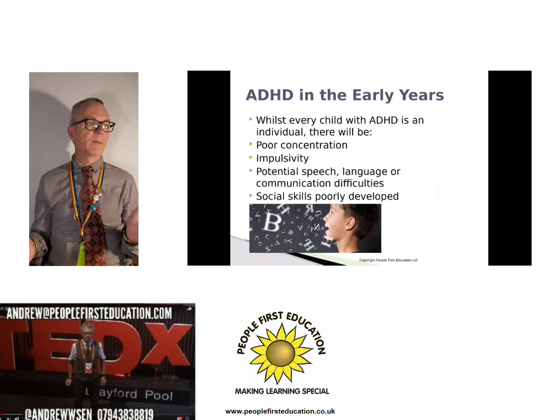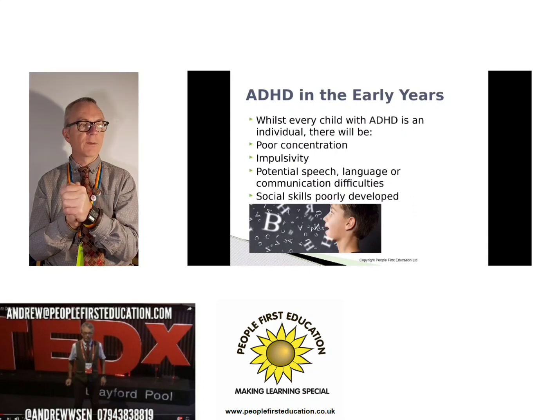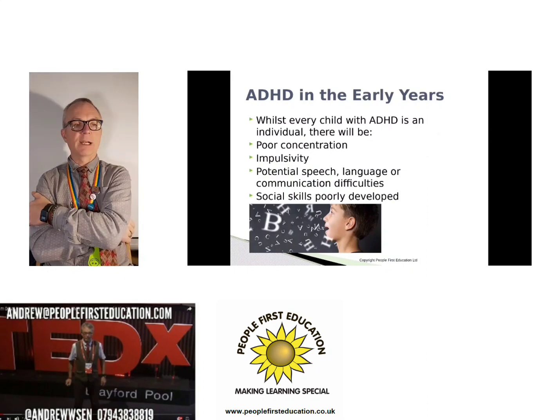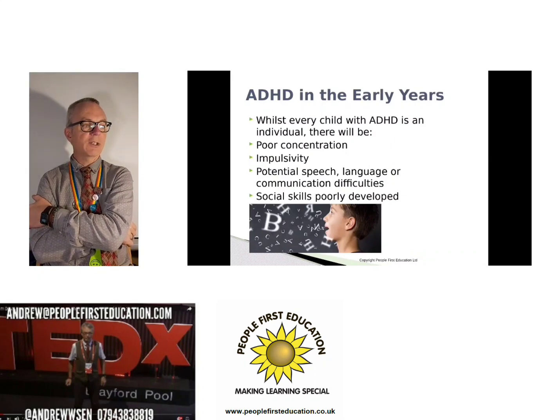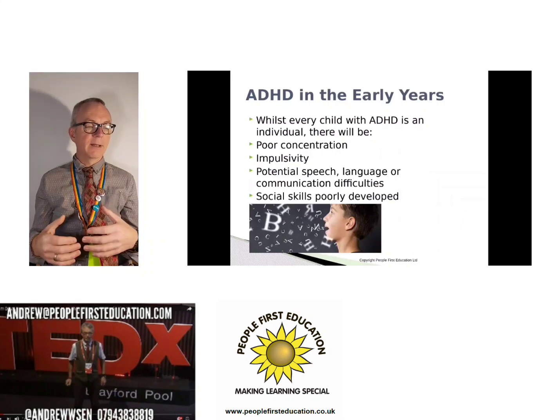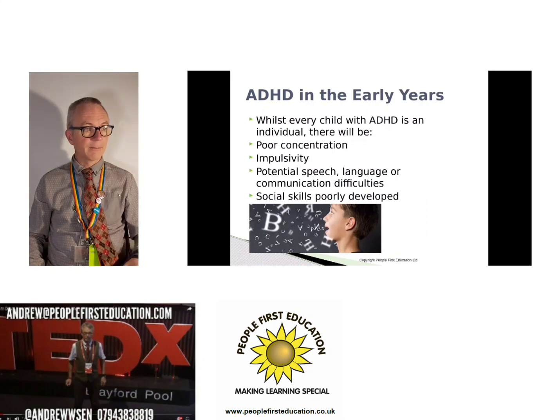But there will probably be poor concentration, finding it difficult to stay focused on things, and impulsive behaviours. I love the phrase, by the time I figure out what I'm going to do, I've already done it. There may also be speech, language or communication difficulties, and poorly developed social skills. Again, this is all to do with the frontal lobe of the brain.